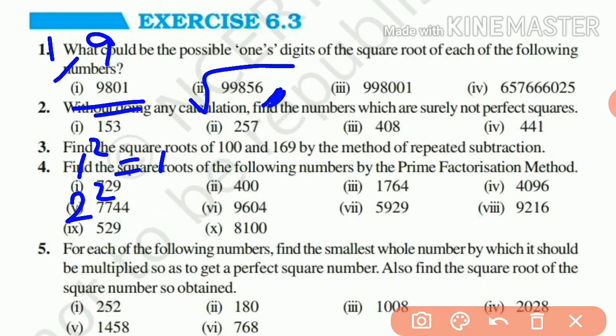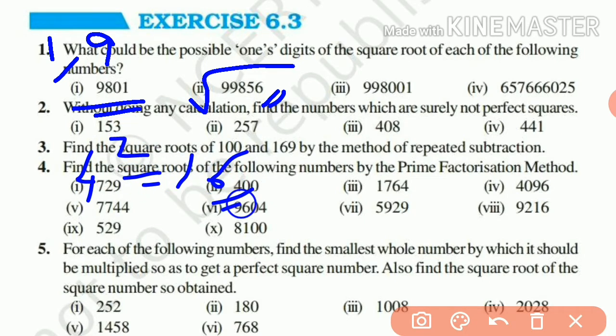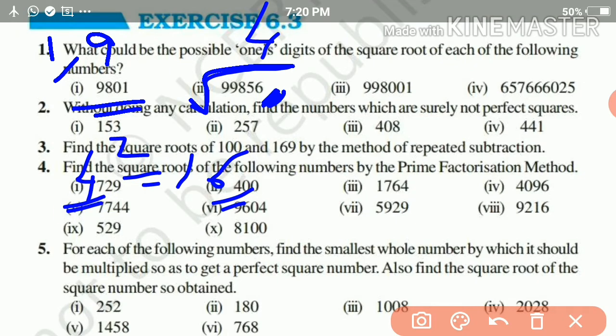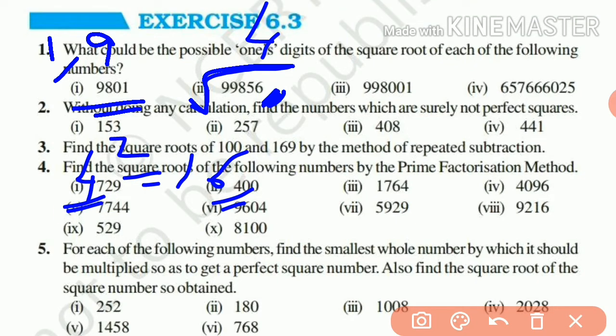Continuing this process, the square of 3 is 9. The square of 4 is 16, where the unit place is 6, and here it is 6, so the square root of this number may have unit place 4. Now again we check: the square of 5 is 25, which is not possible.